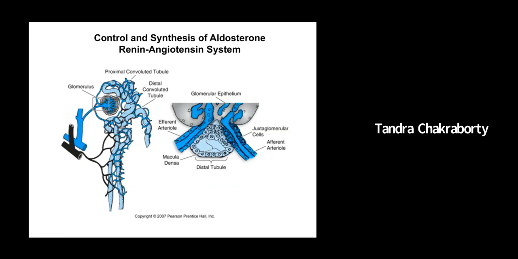Now, what we were learning is how aldosterone is helping in blood pressure regulation. I want you to understand that aldosterone is able to cause retention of sodium from these tubes into the circulation.